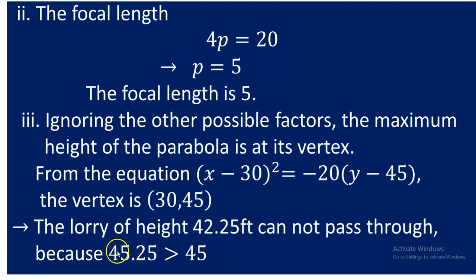So if the lorry has a height of 45.25, it is greater than 45. If it is greater than 45, the lorry can't pass through the tunnel. So this asserts that the lorry can't pass through the given bridge. I hope you have understood the question. Thank you very much.